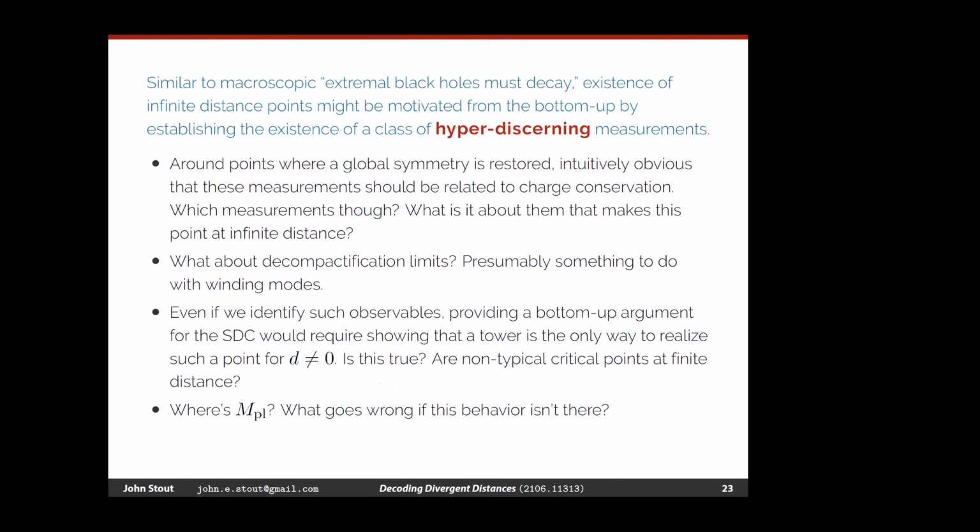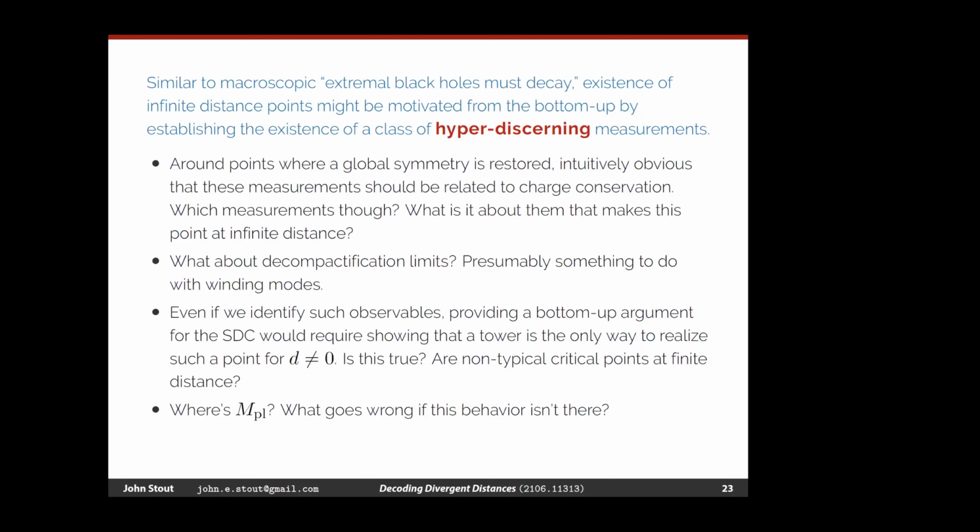And so, I have some words about what we need in order to provide a real bottom-up motivation for the swampland distance conjecture. Basically, identifying a set of measurements and then using that as a way of arguing for a tower of things becoming light.